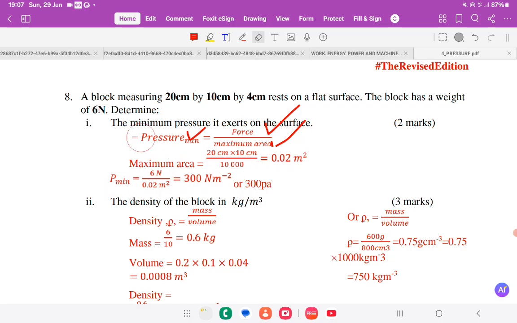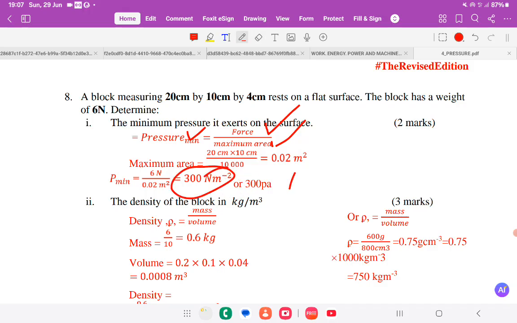We are told that the force or the weight is 6 newtons. So we divide 6 newtons by 0.02 square meters. It should give you 300 newtons per square meter. Remember this way of writing.